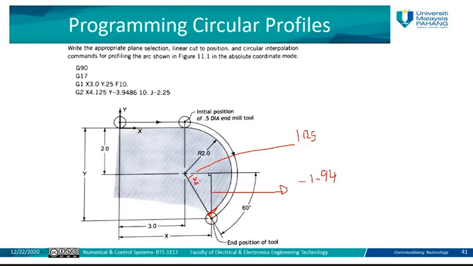You can calculate with the sine and cosine formulas. So we define these two values. From the start point to the x, it is 0 because there is no movement on the x-axis. Our movement will be only on the y-axis, which is negative 2.25.